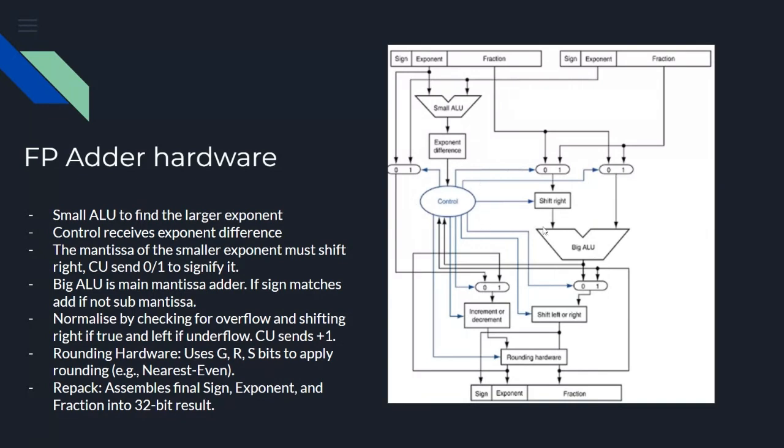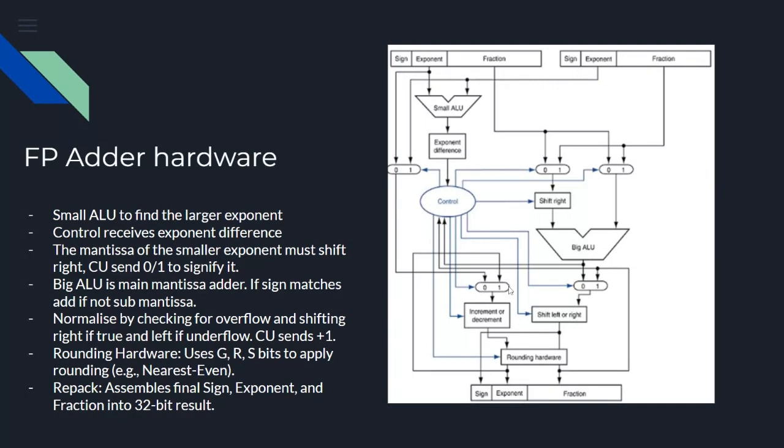The big ALU afterwards is used to match the signs, and it will see if they are matching. Then it will do addition. If not, then it will be subtraction. Afterwards, we'll normalize the numbers by checking if there's an overflow by shifting right.